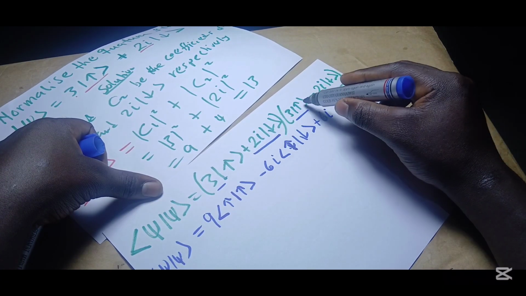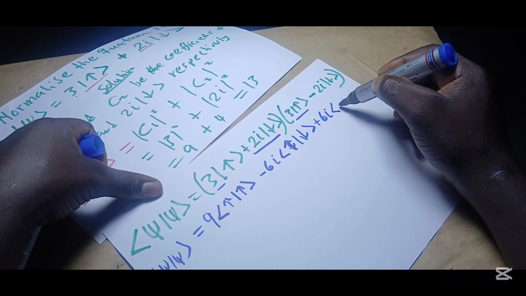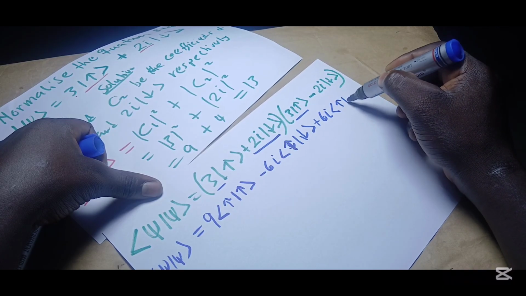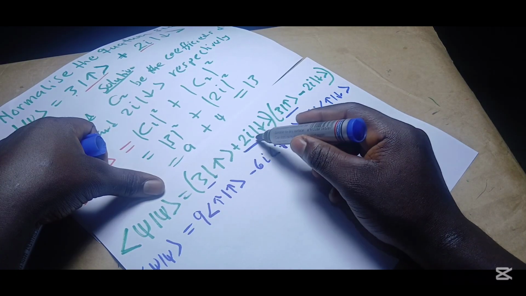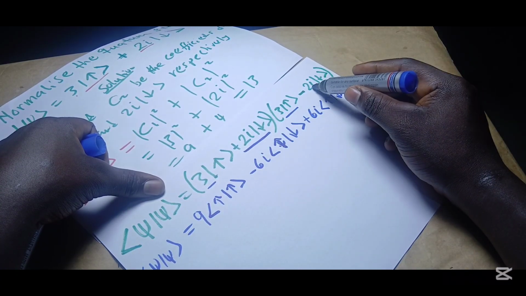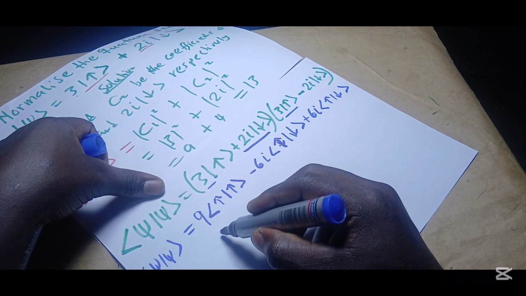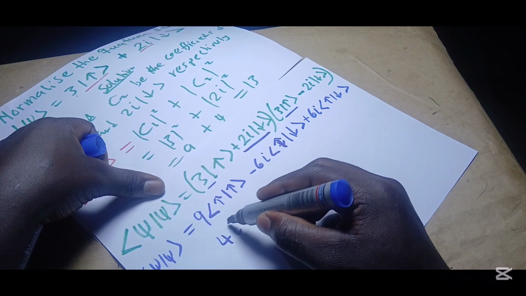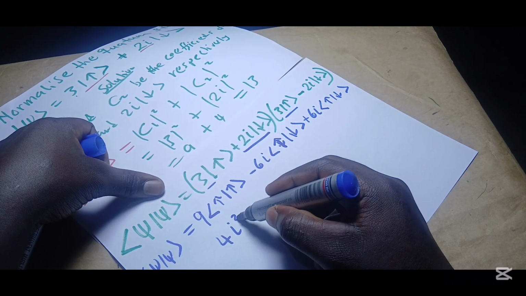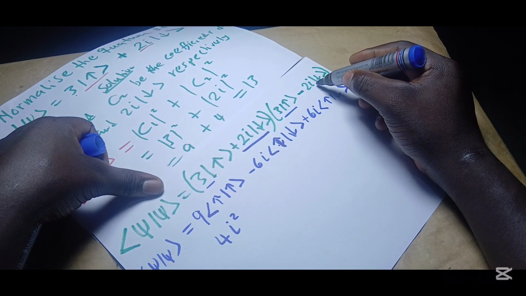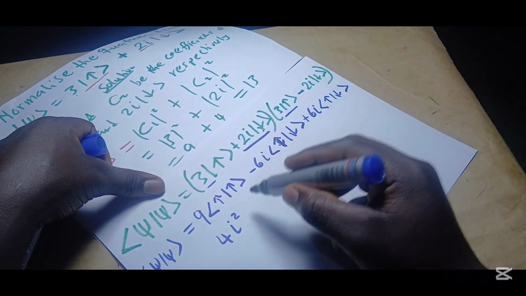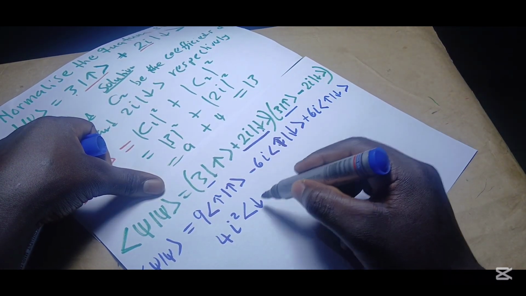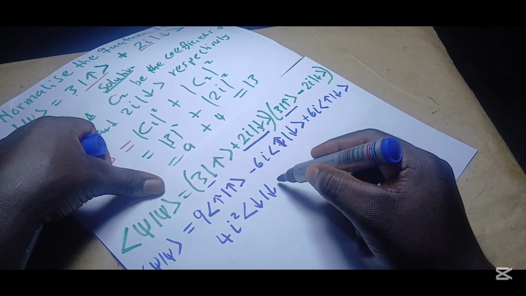We have spin down, spin up, so bra spin down, ket spin up. Now 2i multiplied by minus 2i is going to give us 4i squared, and here we have spin down, spin down, so bra spin down, ket spin down.